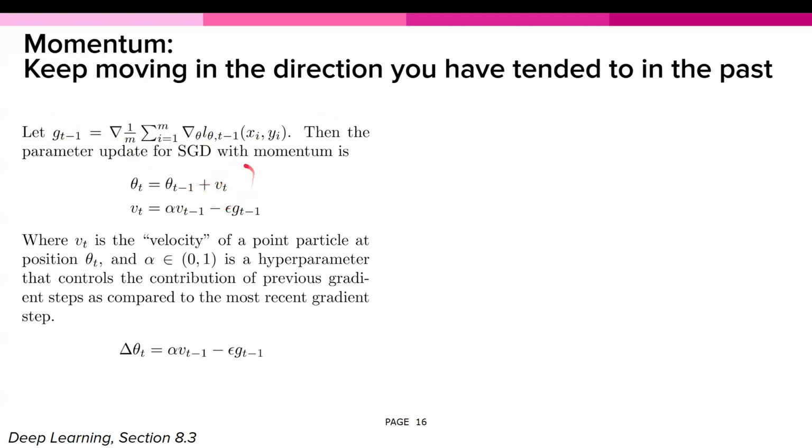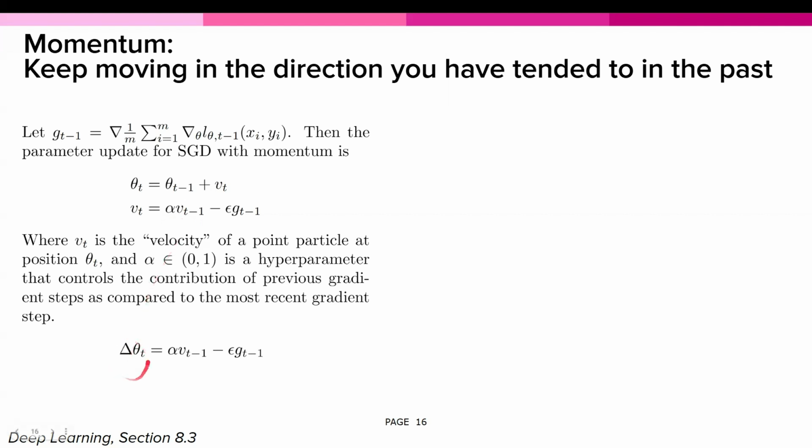This velocity term, in turn, is a linear combination of the actual gradient observed and its own previous value, the previous value of the velocity. Alpha and epsilon are going to be hyperparameters. This recurrence means that we now have a kind of memory in the optimization process. So the algorithm is going to tend to move in the direction that it has tended to move in the past, just like we would expect of the physical property of momentum.